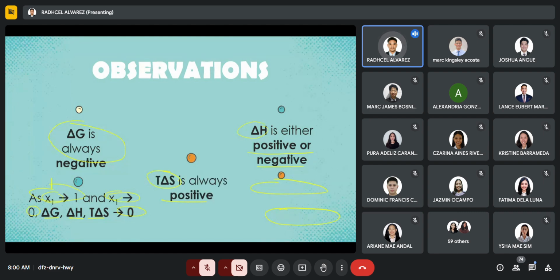Now, another observation is the value or the trend in the T delta S. So, nakita natin also sa graph na the value is always positive. Okay? And for the last observation, ang ating daw maximum or minimum value ay nakikita or often appear at the center or at 50% mole.